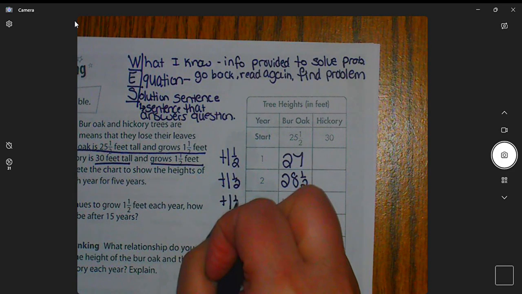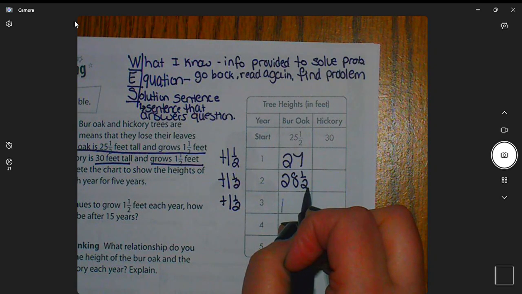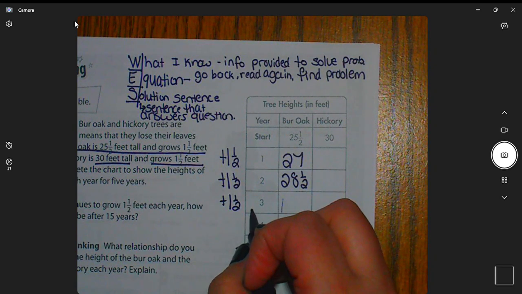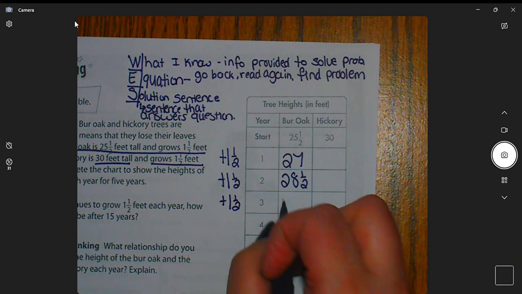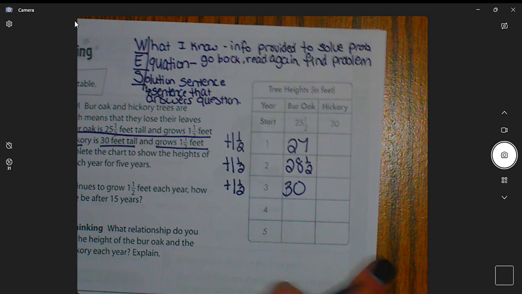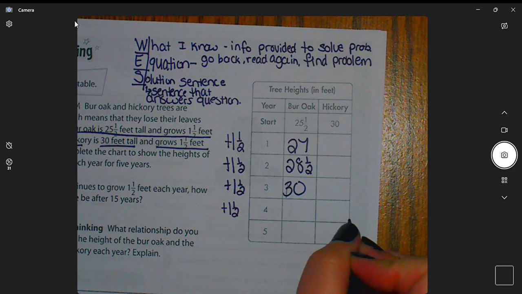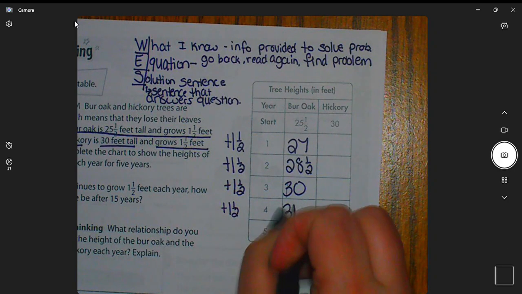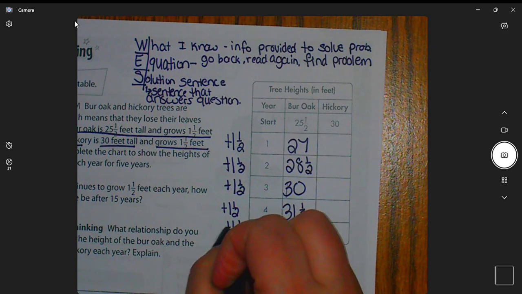Plus 1.5. Well, 28.5 plus a half gets me to what? Right, 29. 29 plus 1, yes, 30. Plus 1.5, you're good at this, 31.5. 31.5 plus 1.5.